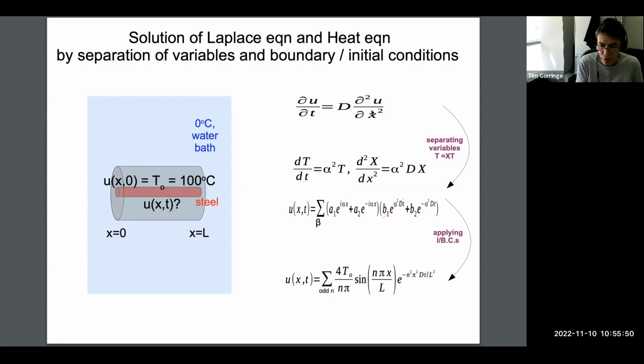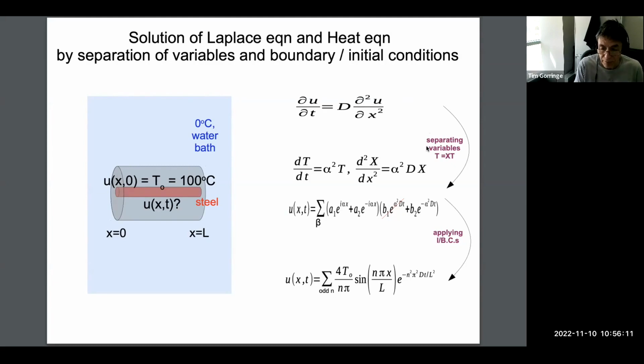So like in Laplace's equation, where we made a hypothesis that the potential could be written as separate functions of x and y coordinates, in this case we're going to make the hypothesis that the temperature can be written as separate functions of the space and time coordinates.